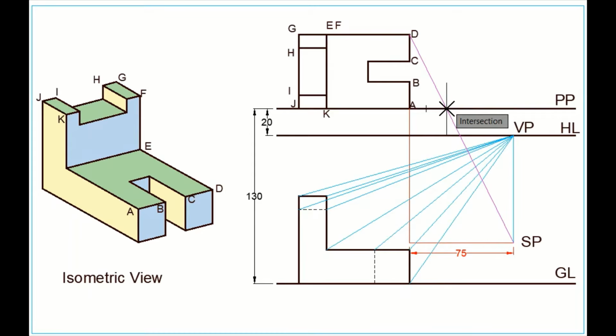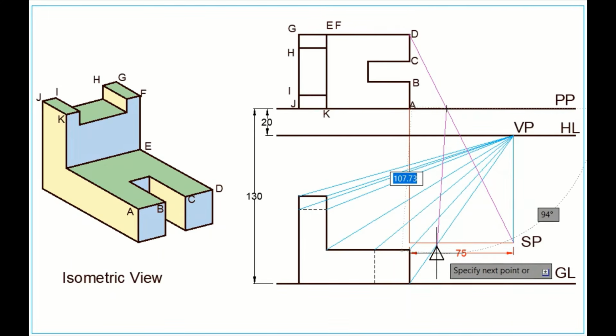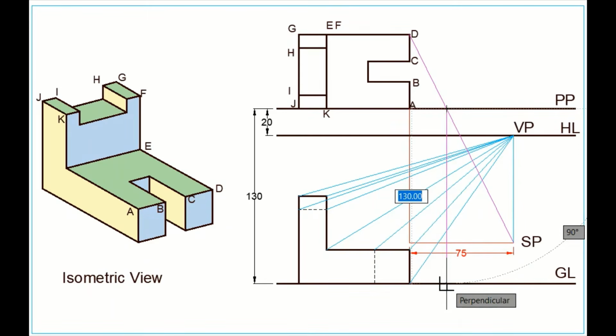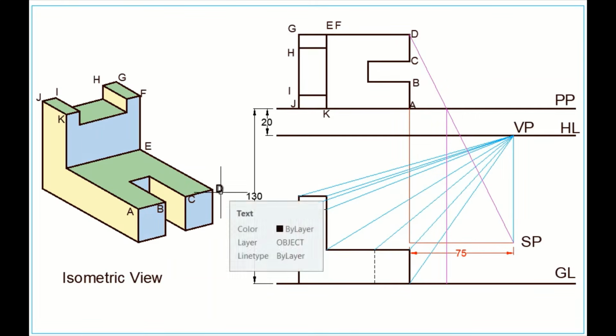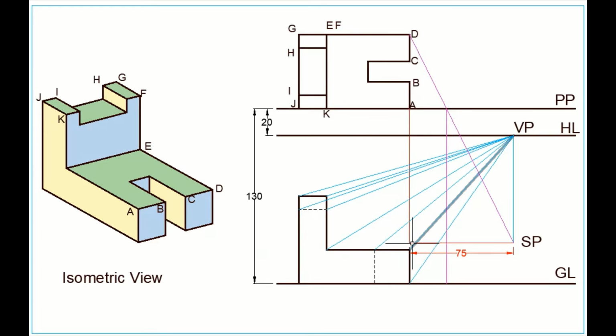So from this piercing point of vertex D, draw a vertical line, and let this line fall up to this place. So this is the piercing point for point D, and now we have to look for the logical edge on which point D should lie in this view. Look, point D lies on this line which comes from A through B through C. So point A in this case is here.